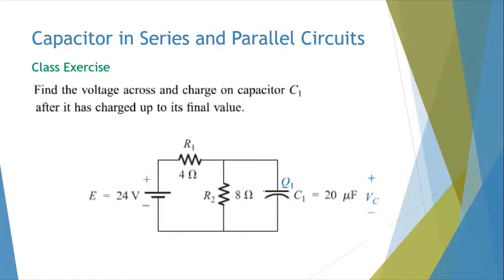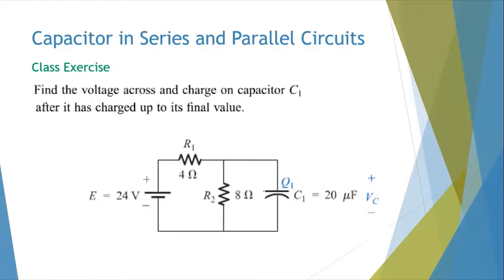Okay. So this question is saying find the voltage across and charge on capacitor C1 after it has charged up to its final value. That's the question. So in a way, when the capacitor is fully charged, current will stop flowing through it. That's an important observation. We repeat that. When a capacitor is fully charged, current will stop flowing through it because it has reached its final value.